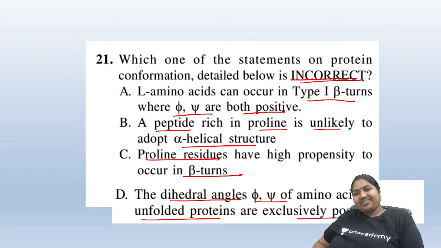Think. What is your beta turn? They are asking which is incorrect. If it is an unfolded protein, then should it be positive? So think of that also. Which of the options should be right?